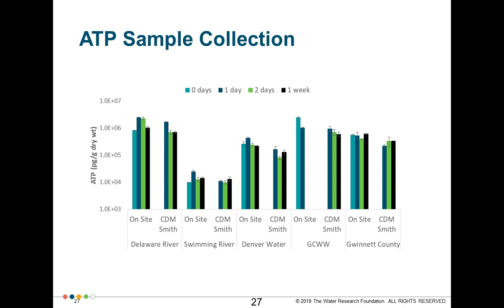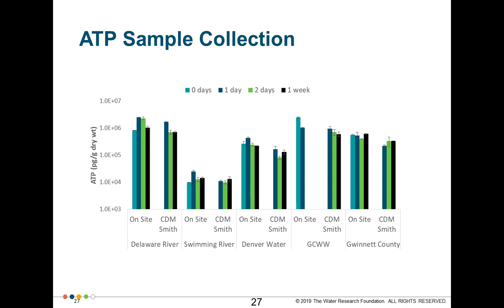We also tested whether samples should be collected before or after a backwash, and we recommended before a backwash, because, especially for filters that have chlorine or chloramine in their backwash, there are impacts from that. We see somewhat lower ATP concentrations on the filter media after a backwash.